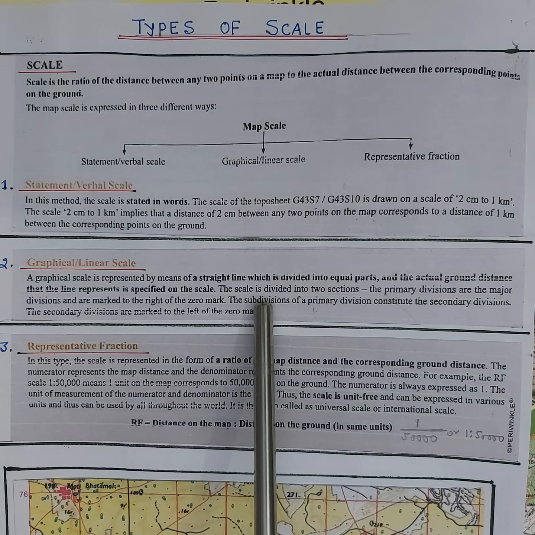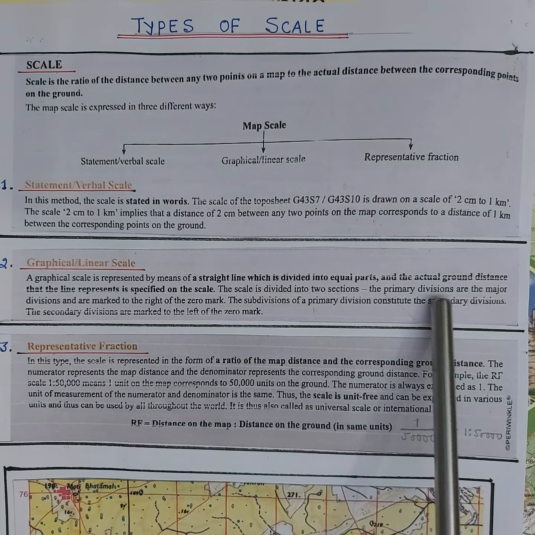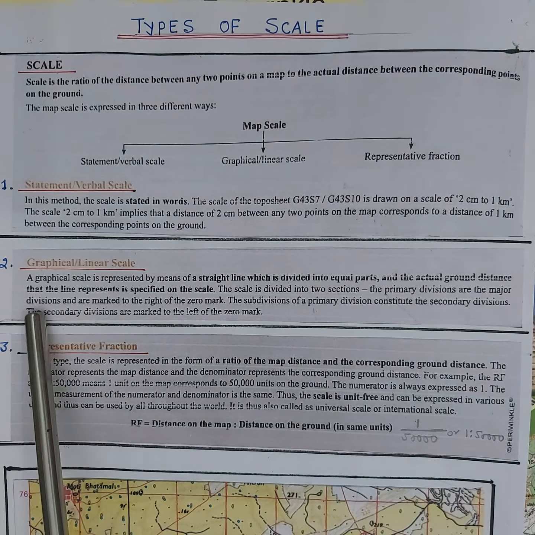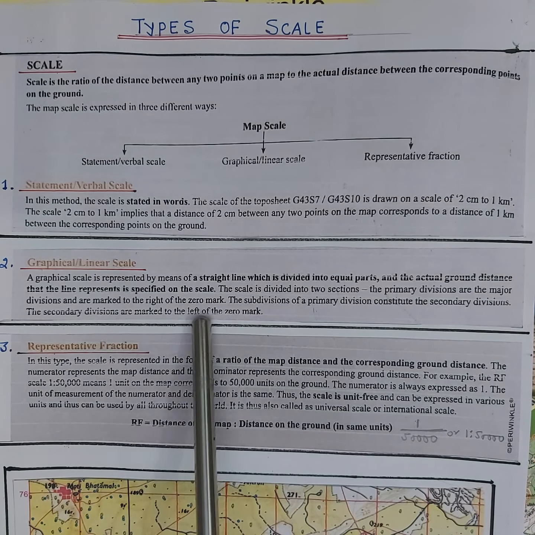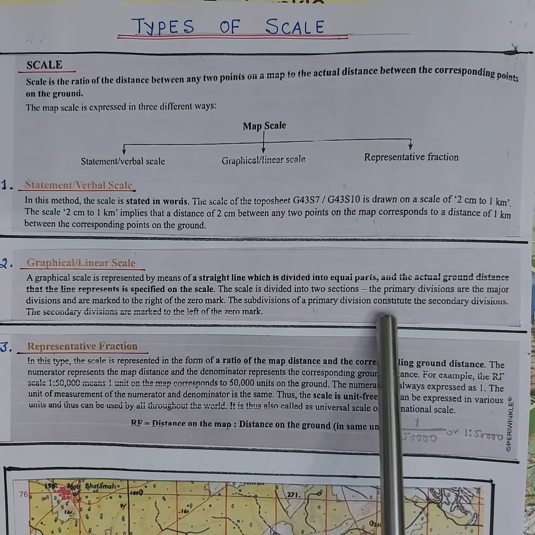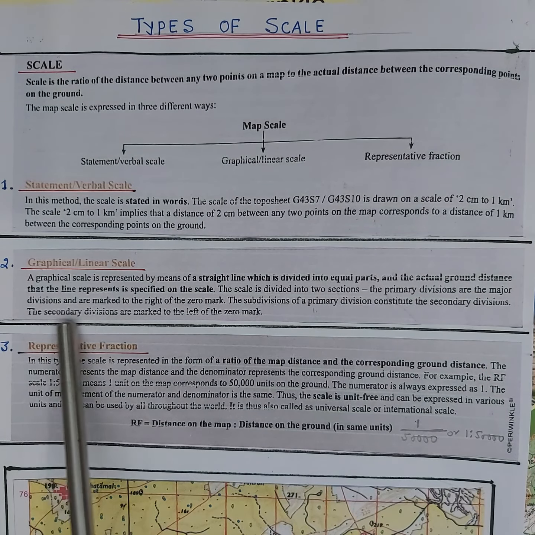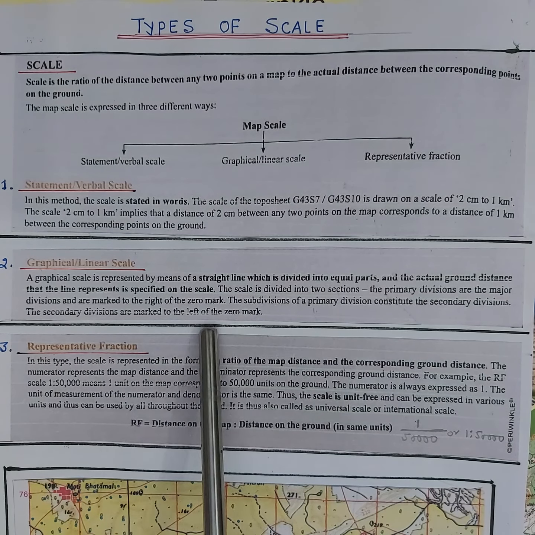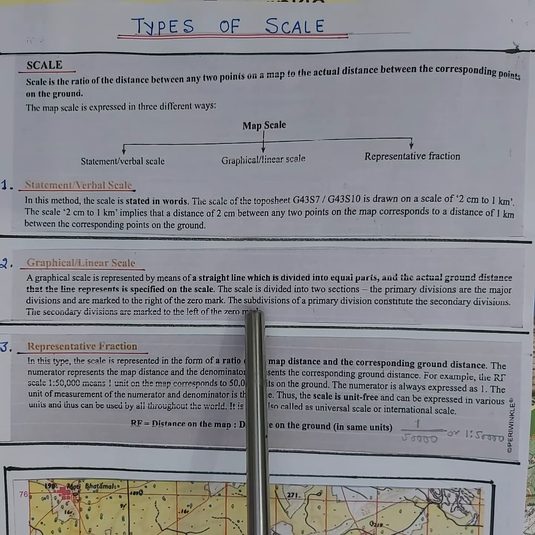The scale is divided into two sections. The primary sections are the major divisions and are marked to the right of the zero mark. The subdivisions of a primary division constitute the secondary divisions. The secondary divisions are marked to the left of the zero mark. I'll explain the same on the map.